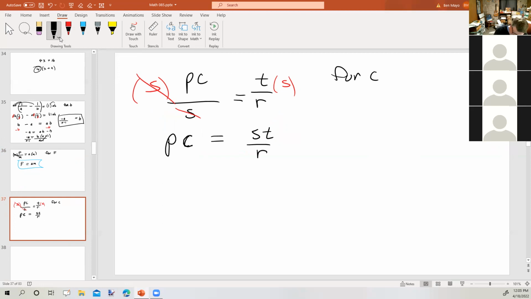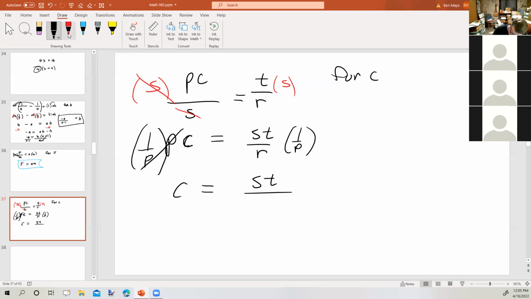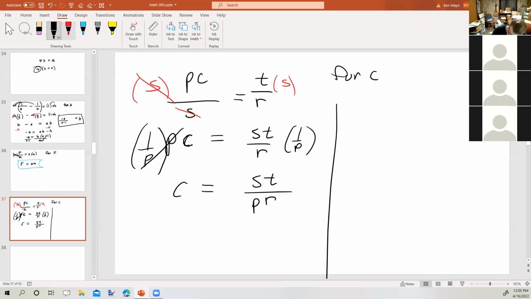Now I can come back and divide both sides by P, or I'm going to multiply both sides by 1 over P. And the reason I did that is because that makes it easier to see that over on the right side, the P is in the denominator.